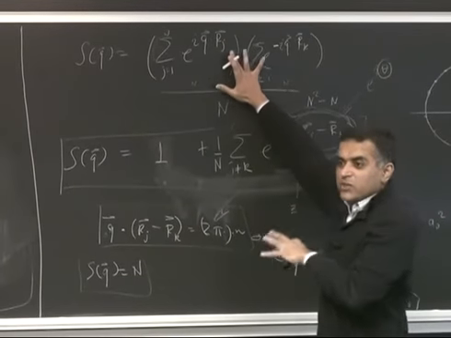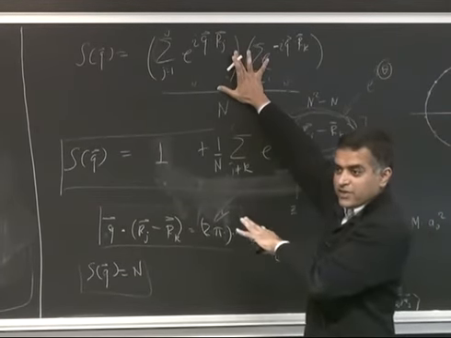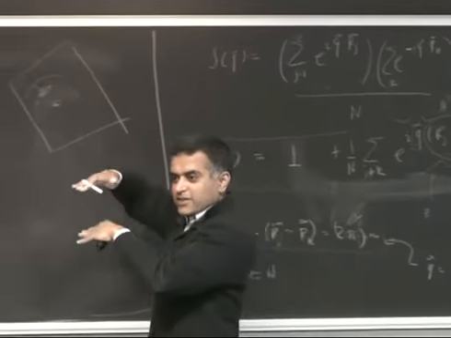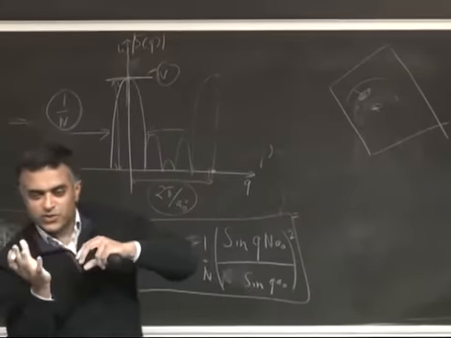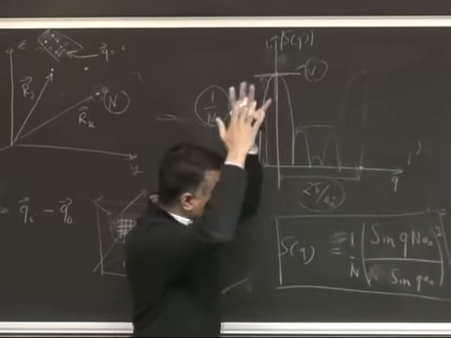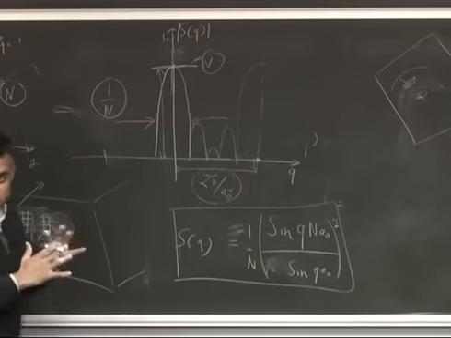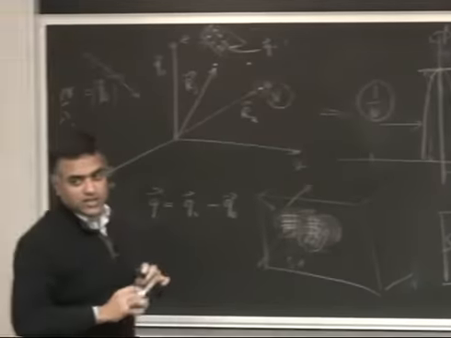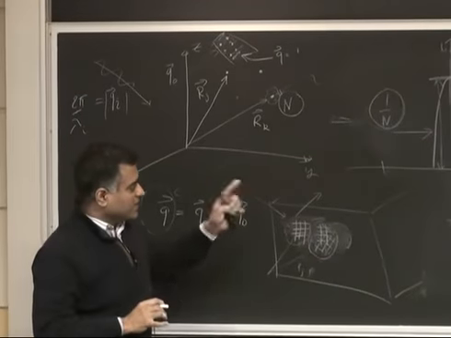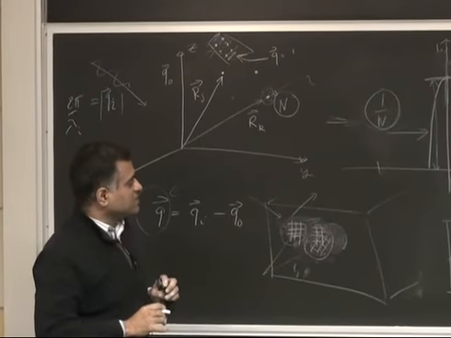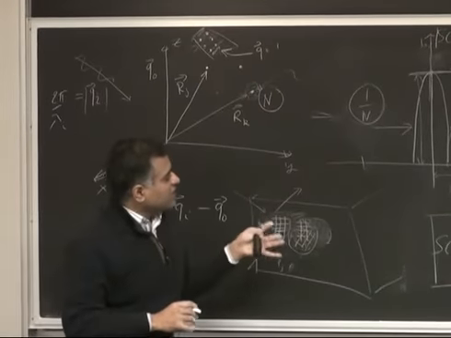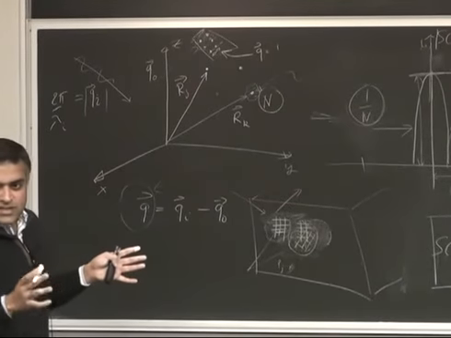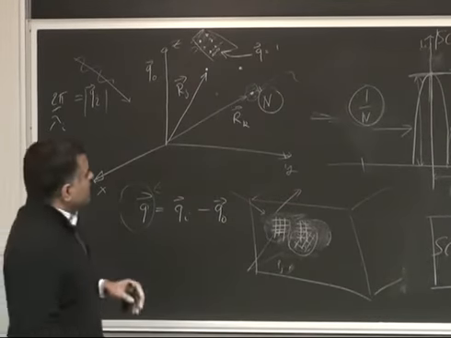You can't add the mod squared, because this is already mod squared. You have to add the field first, which is the sum, then rotate it, and then take the whole mod squared, to make sure that you get the right structure factor. That's what I meant. And from there you will recover these ones here. Is that clear? Okay.